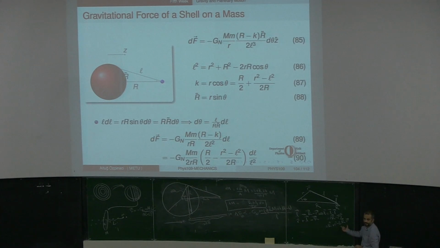But if you remember the definition of the scalar product, we had defined it as the product of their lengths times the cosine of the angle between them. Well, the angle between them is theta, cosine theta.